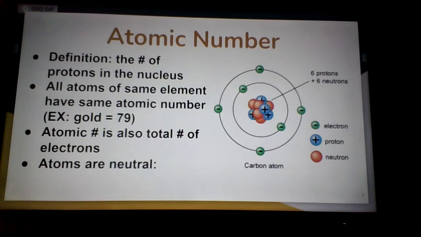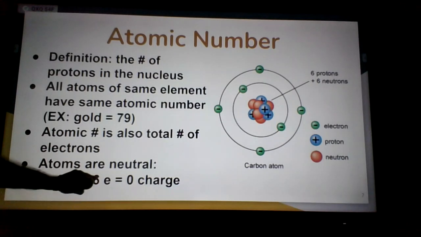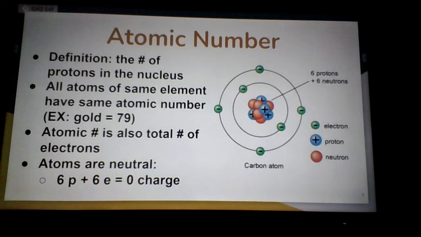Atoms are neutral because the protons equal the electrons. So in a carbon atom, 6 protons, that's 6 positives, and 6 electrons, that's 6 negatives. Positive 6 plus negative 6 equals 0. And it's the same way for every atom when the atom is by itself. That changes, and we'll see why and how, as atoms start to combine with each other a little bit later on. Not too long from this chapter.